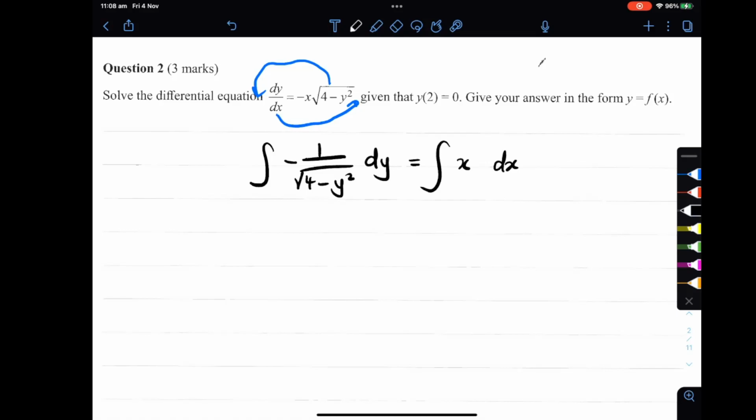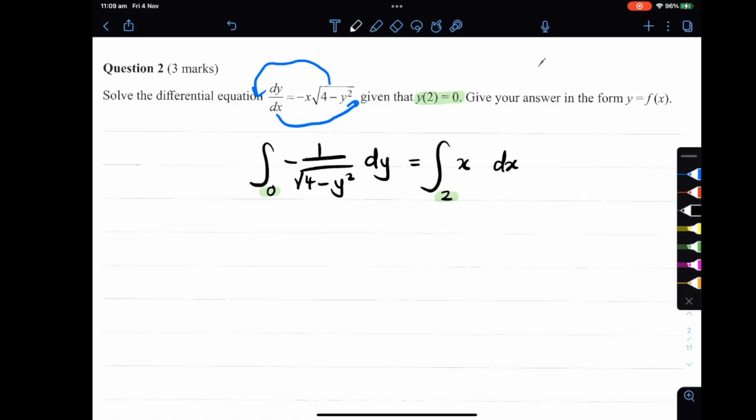Okay. So there are two general ways we could go about it. We could either just integrate it right now and we'll get a plus c and we can solve for c, or we could use definite integrals. I think definite integrals will be a bit easier here, so I'm going to do that. We have this initial condition here. That means that initially x is equal to 2 and initially y is equal to 0.